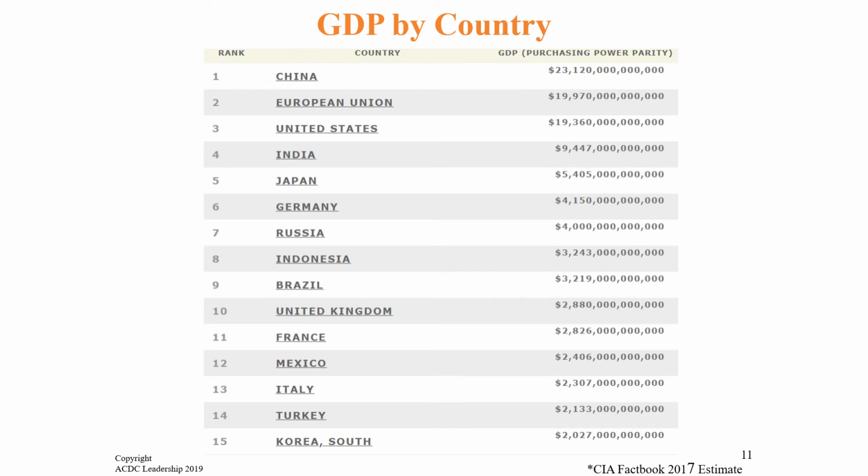And so this is 2017, okay, so it's dated a few years, but you can see sort of where we are. They're about, I guess maybe 18 months behind the current time when they're calculating this with the CIA Factbook, but it'd be interesting to see next year if these have shifted any.